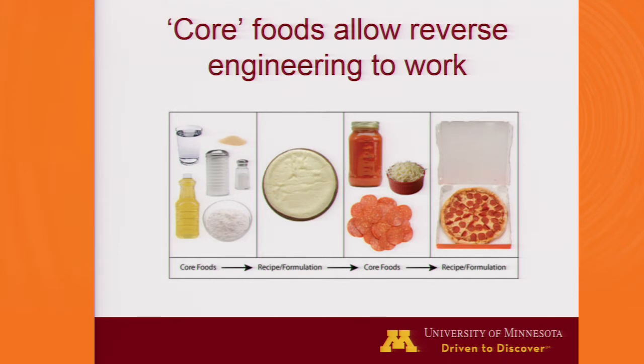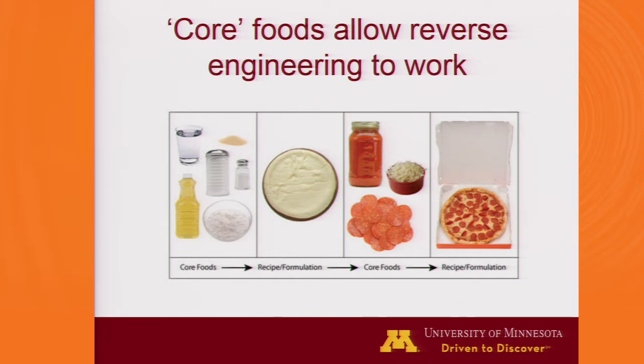The NCC database has about 2,700 core foods, and this is one of the things that allows us to reverse engineer formulations for brand name foods. Core foods have a comprehensive nutrient composition, and it's primarily based on analytical data. And these core foods are the building blocks for creating nutrient composition values for these multi-ingredient foods.